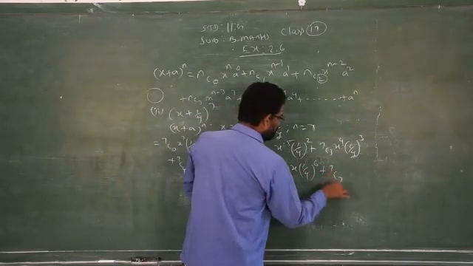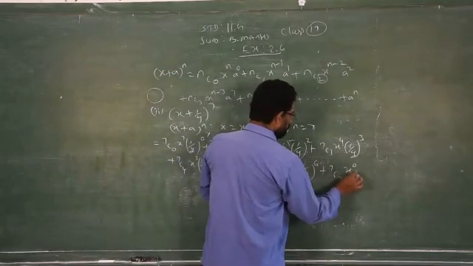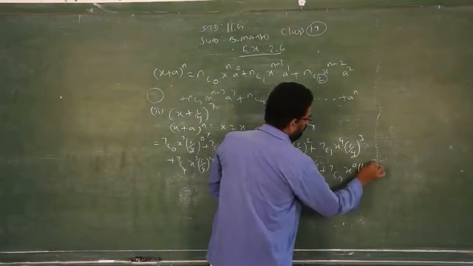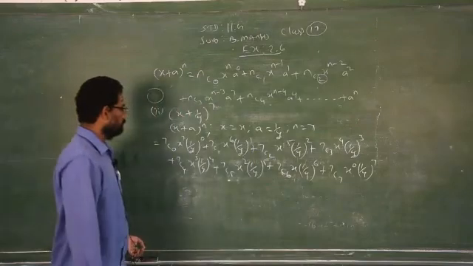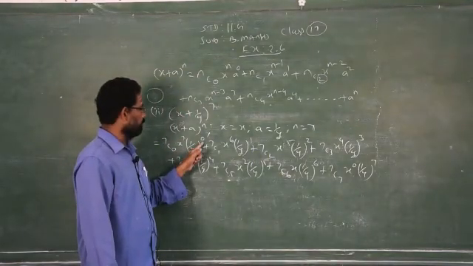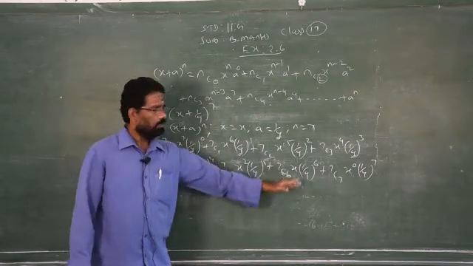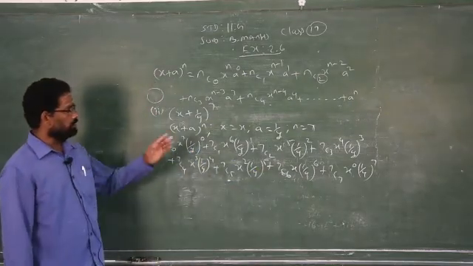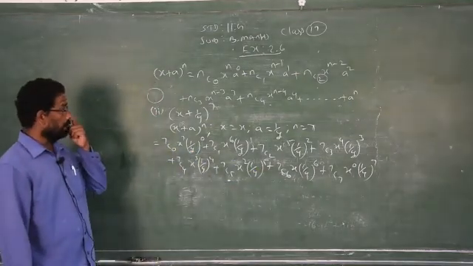Then 7C7, x power 0, 1 by y power 7. See, it's very easy. You have to reduce 1 in the power, add 1 in the power of the next factor. This is simplified by using the combination method, and you will get the answer.